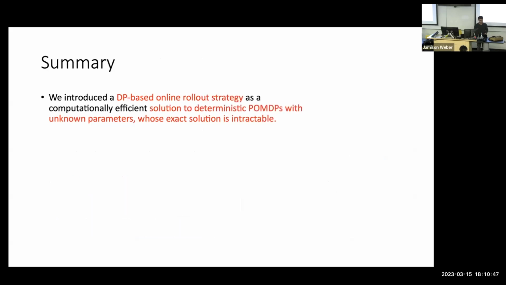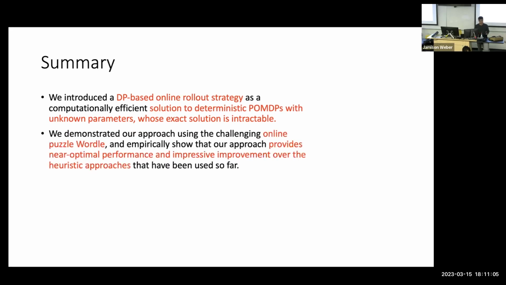So in summary, we talked about a dynamic programming based online rollout strategy. And the solution is applicable to deterministic POMDPs, which have this unknown parameter. And the most important reason for having this approach is that an exact solution may be intractable in a lot of cases.